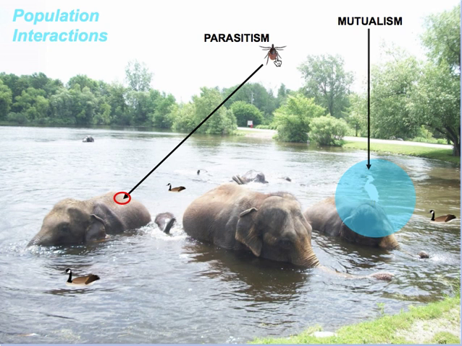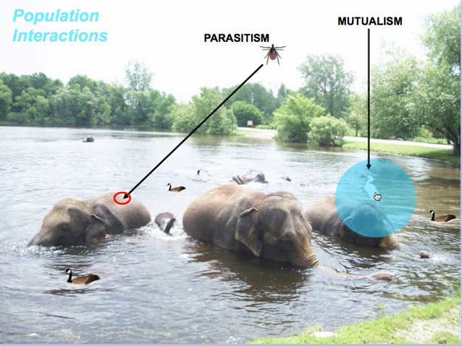Of course, this might have a negative impact on the elephant in that it would be losing blood, it might be weak, and if it's totally overrun by too many ticks, it could end up dying. But this kind of interaction where one organism, the parasite, the tick, gets benefit at the expense of another organism, the host, is referred to as parasitism.